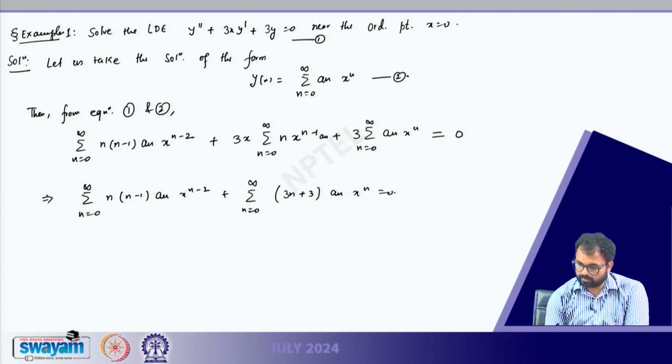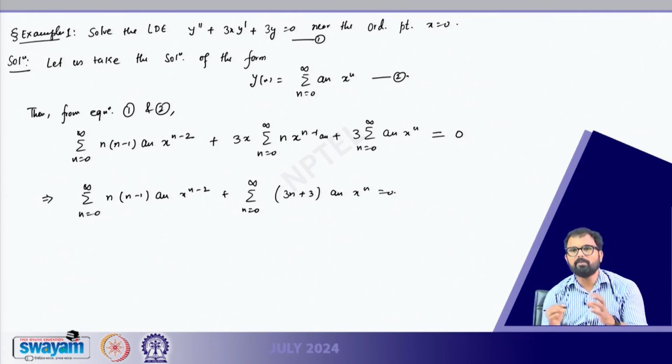And here we have x to the power n minus 2. So this is correct, right. Now we'll just play with the terms. I'm a little cautious when I'm doing these calculations, because a simple sign mistake will give us a different solution. So this expression is correct.